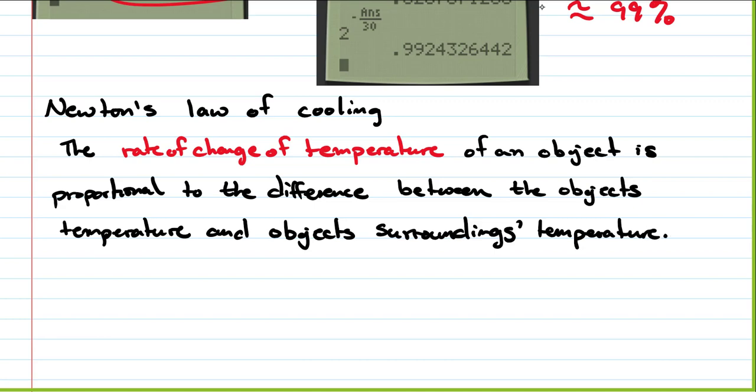All right, so it says the rate of change of the temperature of an object is proportional to the difference between the object's temperature and the object's surroundings temperature.